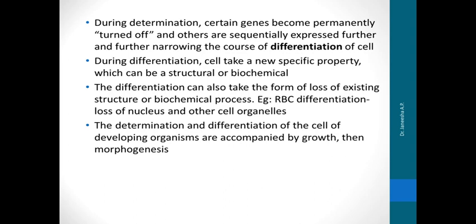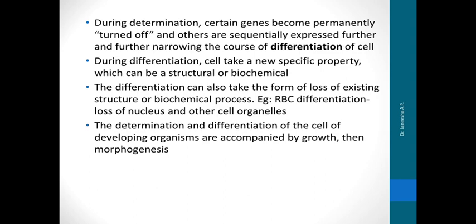Once the cell is determined, some genes become permanently turned off to make that cell part of a particular group of cells or a tissue, or sometimes some genes are sequentially expressed.